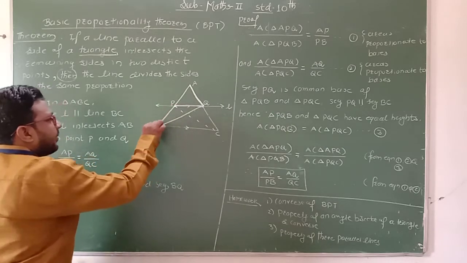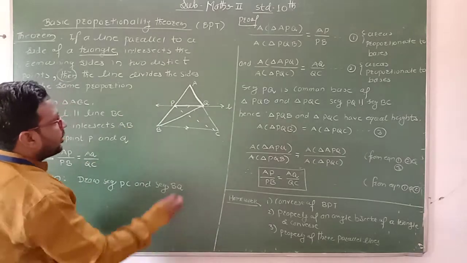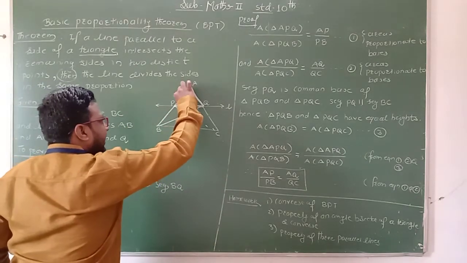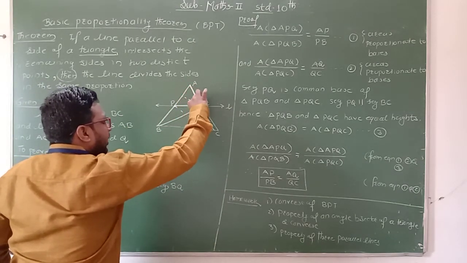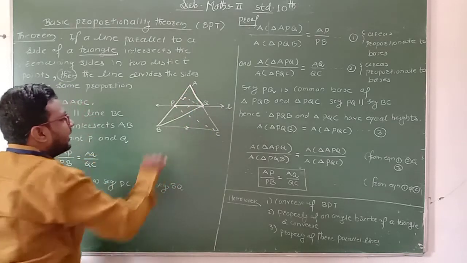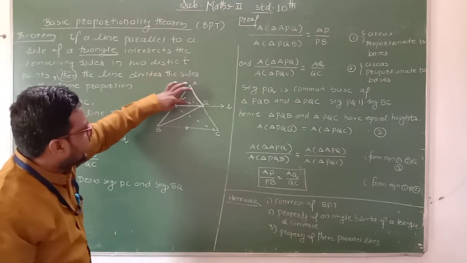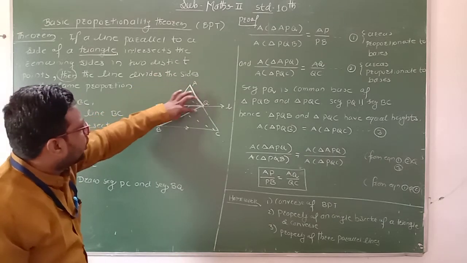These two triangles have a common or equal height. If you draw the perpendicular from the vertex Q on this side, then this is the common height for both the triangles APQ and PQB.